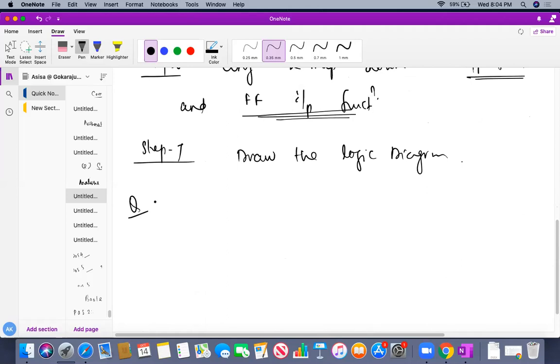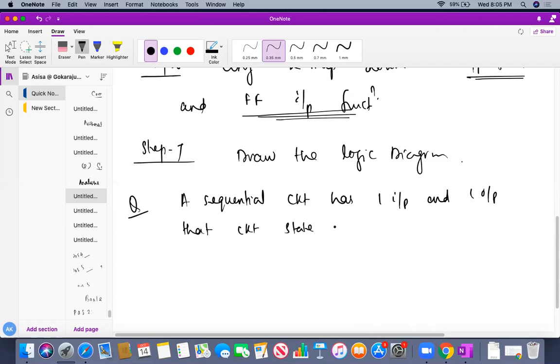So the question is here: a sequential circuit has one input and one output. The circuit state diagram is given below.